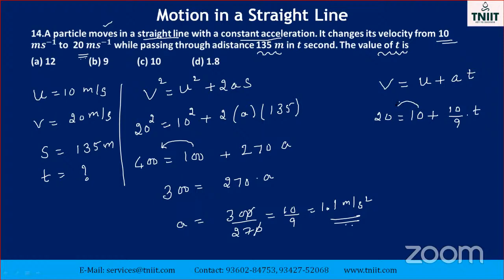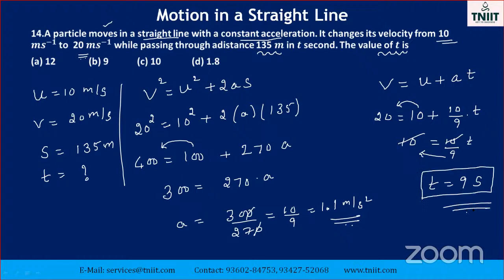If I shift this to this side, it becomes 20 minus 10, which is 10, equal to 10 by 9 into t. You can cancel out 10 and 10. So t will be equal to, cross multiplying, 9 into 1, which is 9 seconds. So what is the time taken? 9 seconds. So option B will be the right answer.